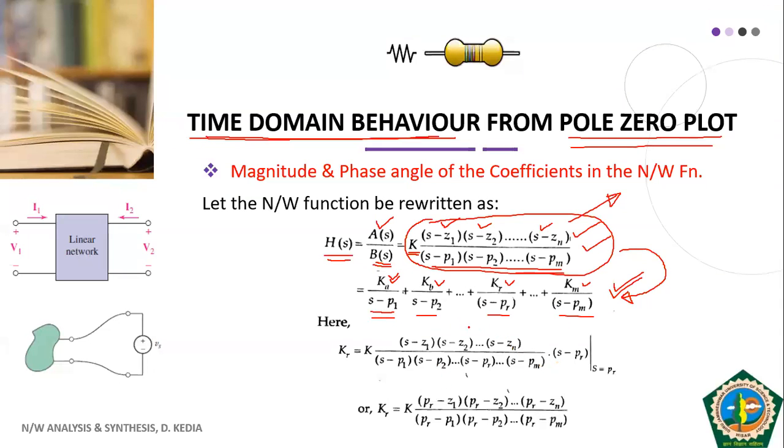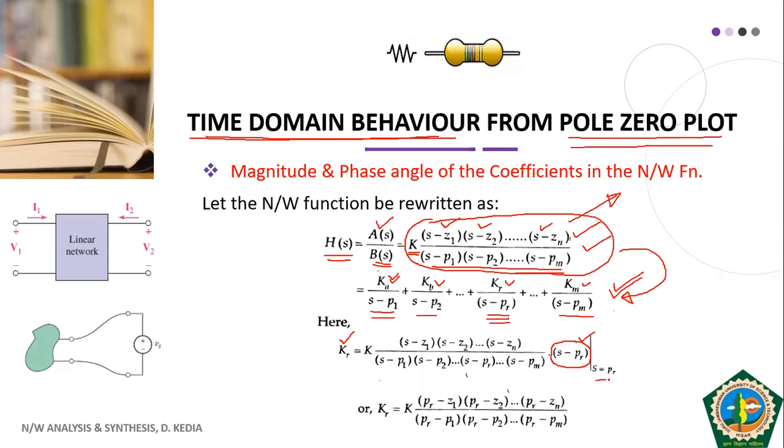Same thing we have done here. This was the entire expression. We have multiplied it with s minus pr. That is the factor that we are picking up. We want to obtain kr. So we want to multiply the entire expression with s minus pr, and we have to substitute s equal to pr.